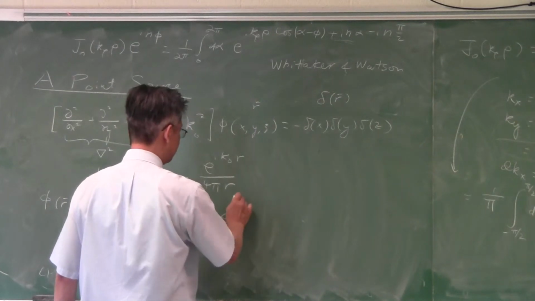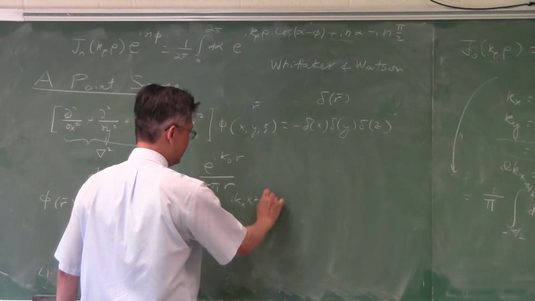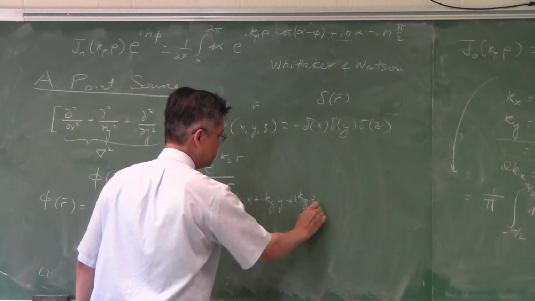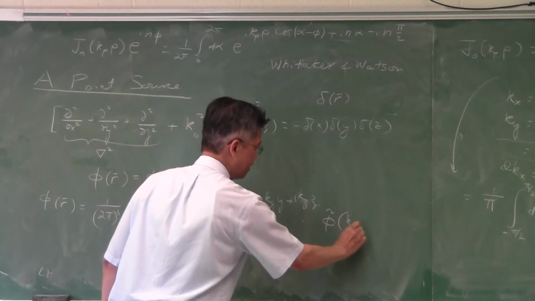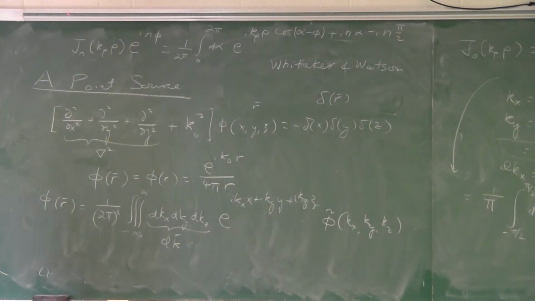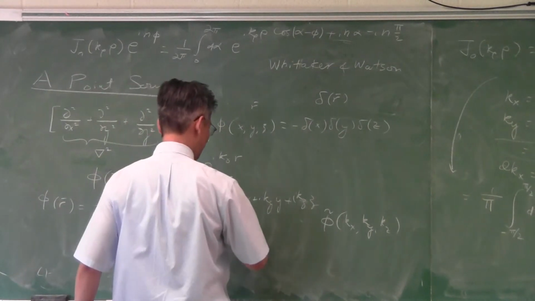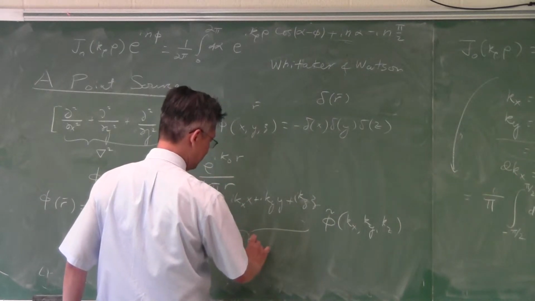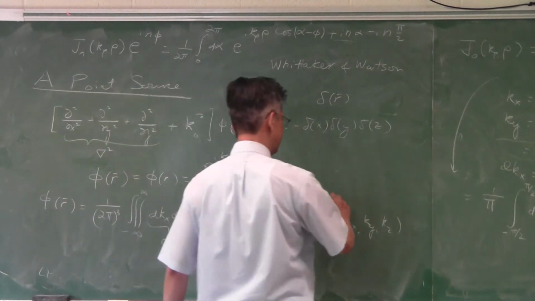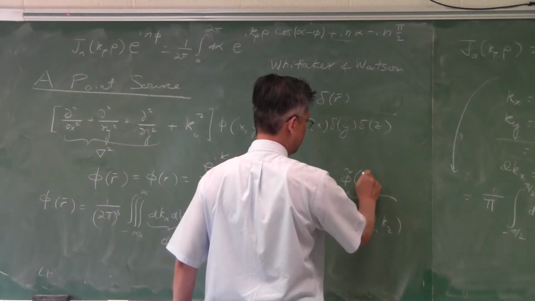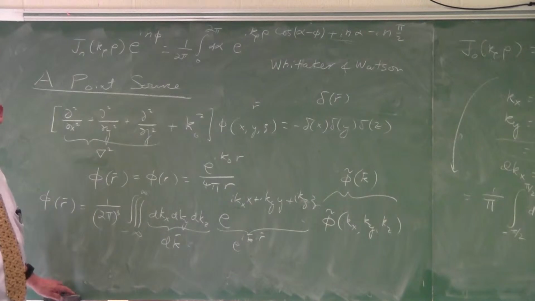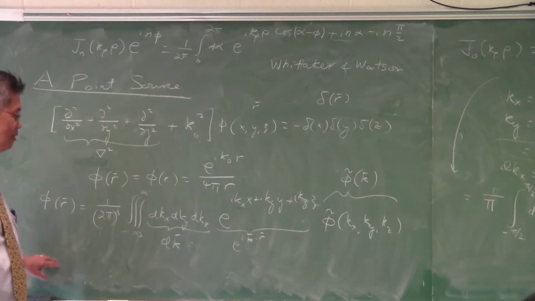Then I will have this very laborious looking exponential and phi tilde of kx, ky, kz. In the future, I will just replace it with e to the i k dot r, because this is actually just a plane wave, and I just replace this with k bar, to make the writing on the blackboard a lot simpler.